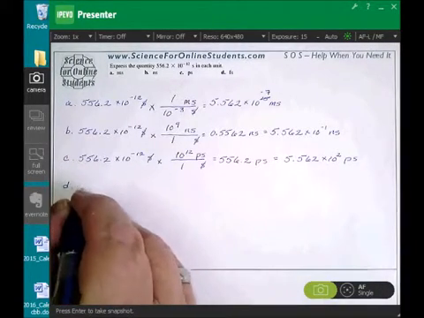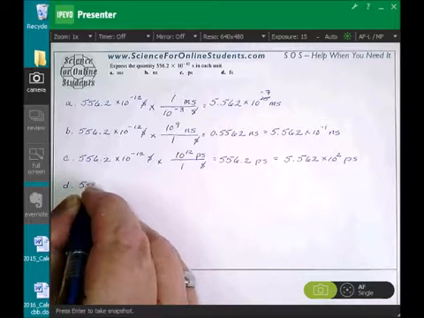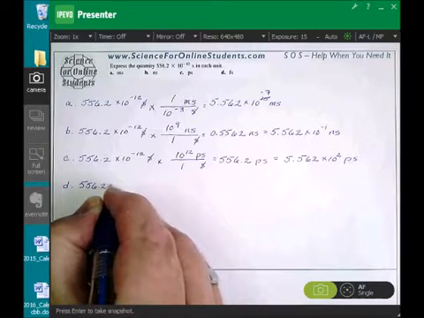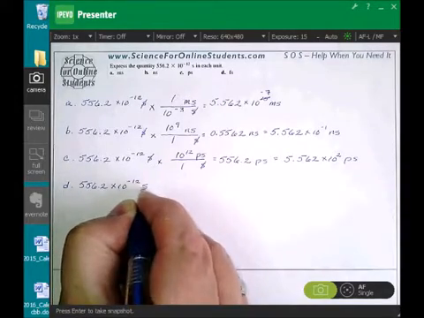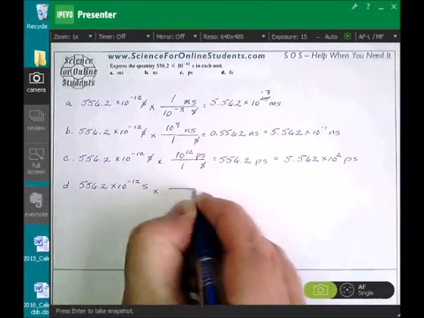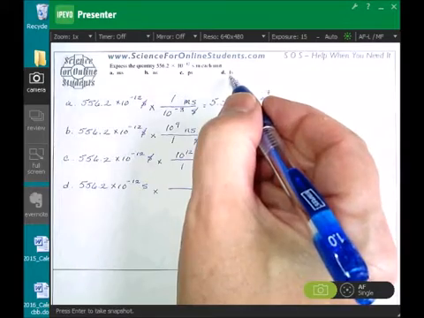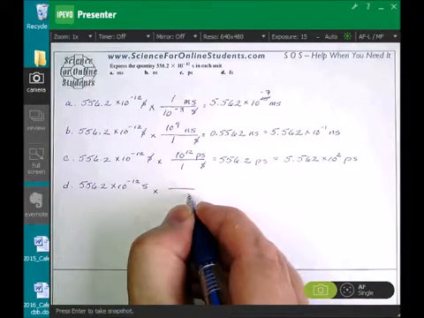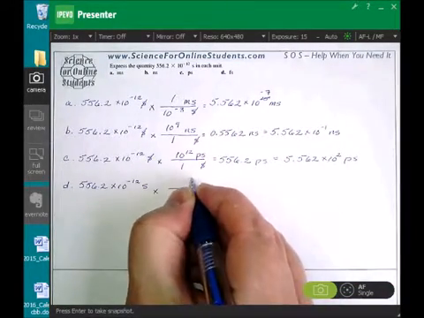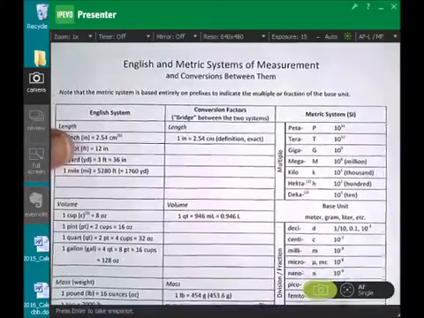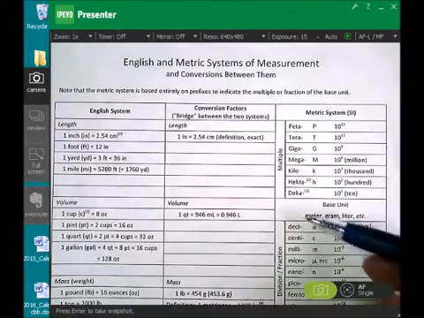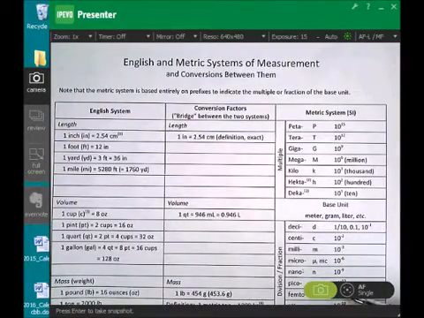D. 556.2 times 10 to the negative 12 seconds, and we're going to, in this case, femtoseconds. Seconds, femtoseconds. And reminder again, femtoseconds are negative 15.